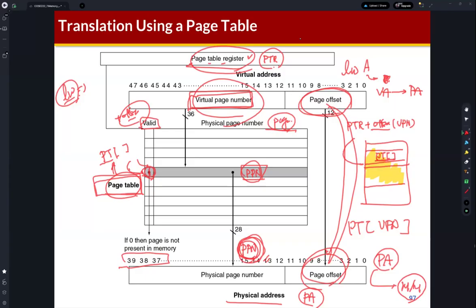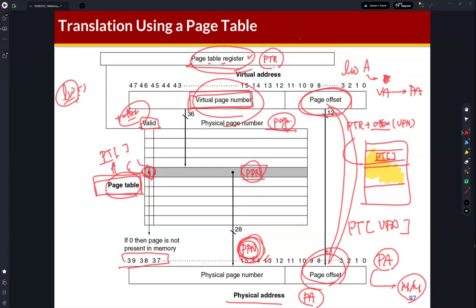So the problem is that we actually need to access the main memory twice. The first access is required for getting the physical page number from the page table.